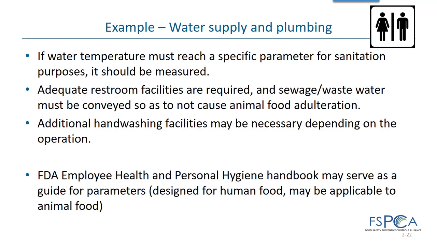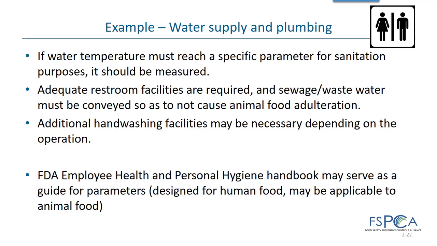That document is designed for the human food side of things, but it can definitely be used within the animal food world, and particularly when we're talking about pet food, dog and cat food, or any pet food, and we're specifically worried about microorganisms. That might be a good resource for determining those parameters.